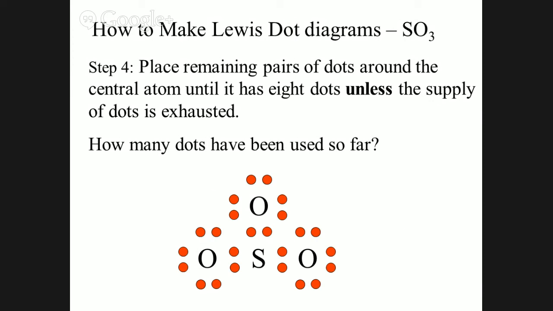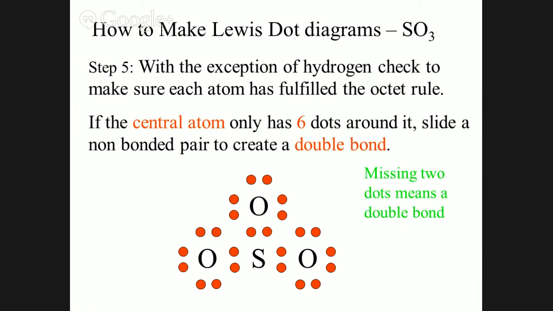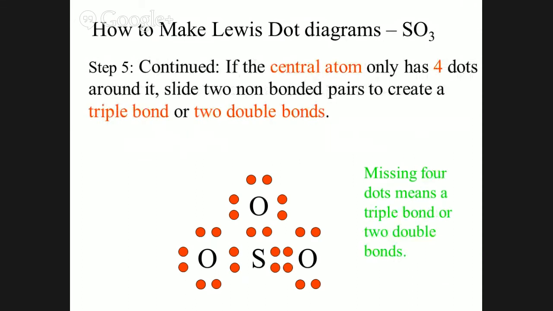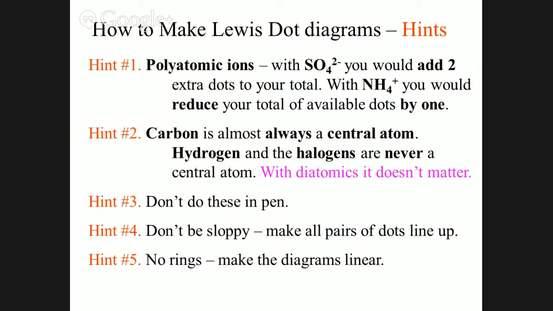If it does not have 8, but we have used up all our dots, then we're going to have to slide 2 of our dots that are not bonded so that we can create, in this case, a double bond. If it turned out we were missing 4 dots, we would have to create a triple bond or 2 double bonds.